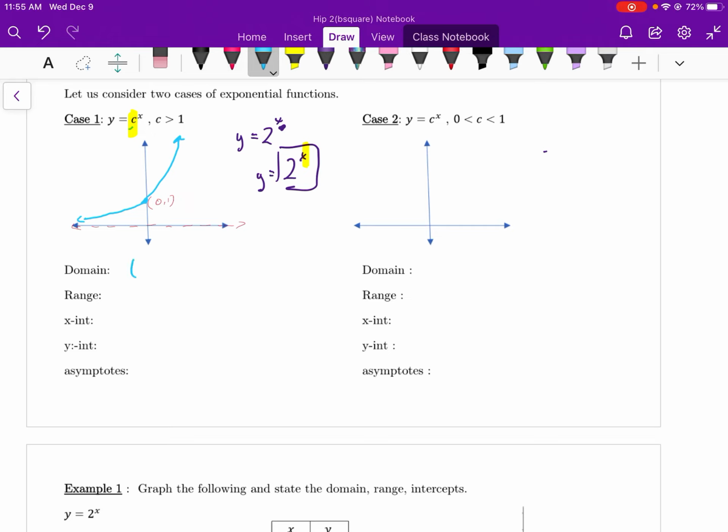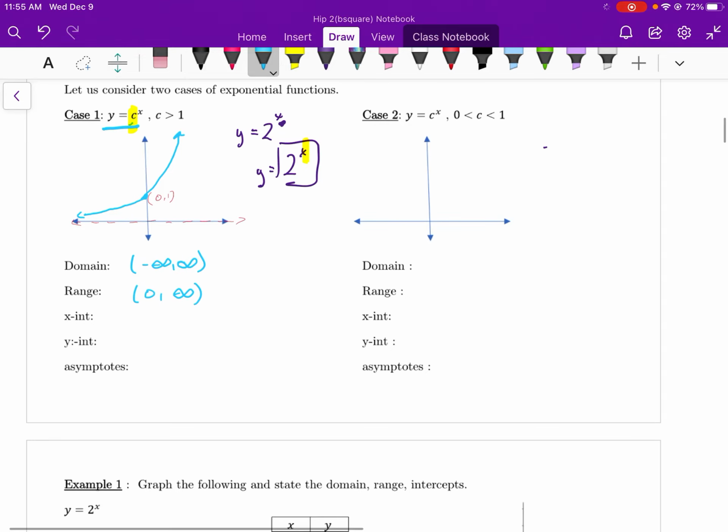The domain of this function is going to be negative infinity to infinity, right? There's nothing restricting the value of x. My range is going to be 0 to infinity. Now, if you notice, both are round brackets. This function, the y value, can never be equal to 0.